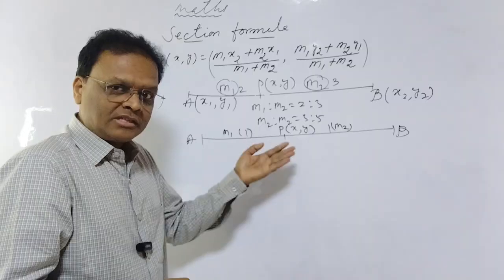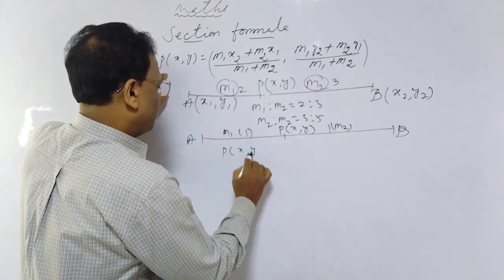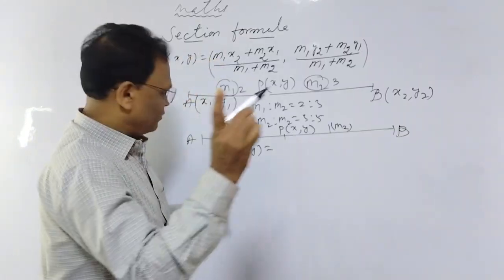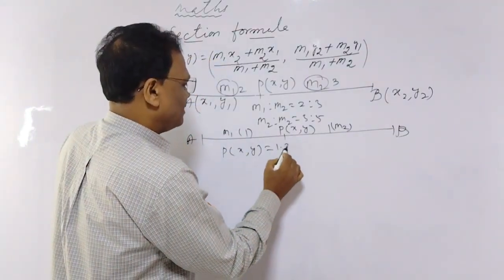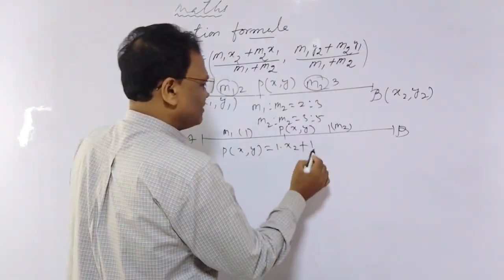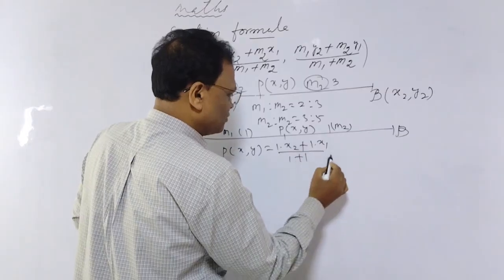So if I substitute these values, P(x, y) is equal to m1 x2 plus m2 x1 divided by m1 plus m2.